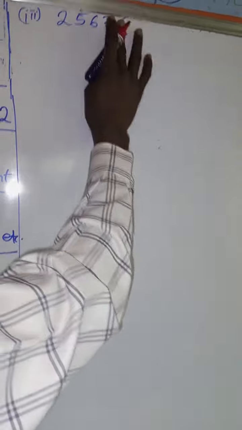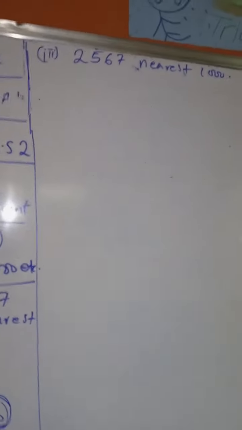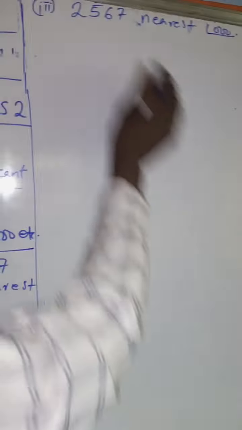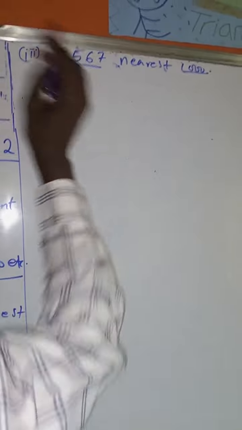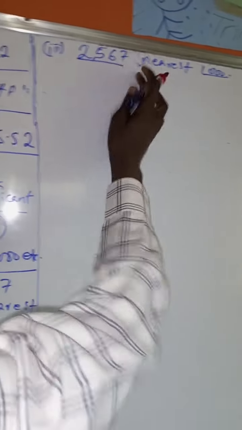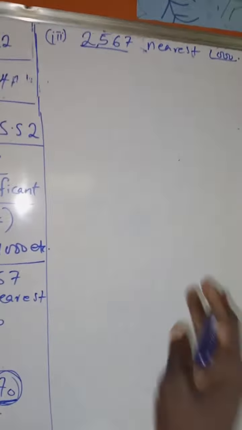Now let's move to nearest thousand. Nearest thousand of 2,567. 1,000 is four digits, so we use all four digits, 2,567. I move in thousands, so it's between 2,000 and 3,000.